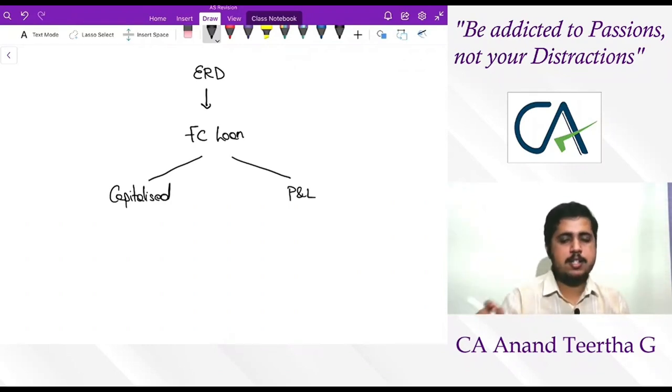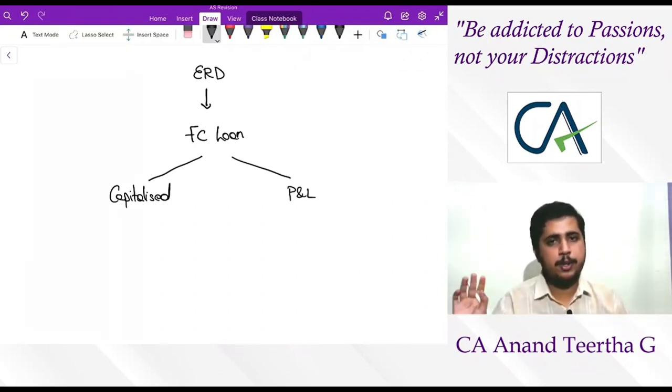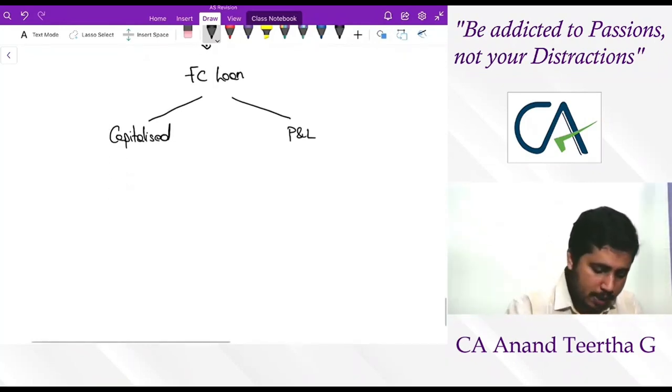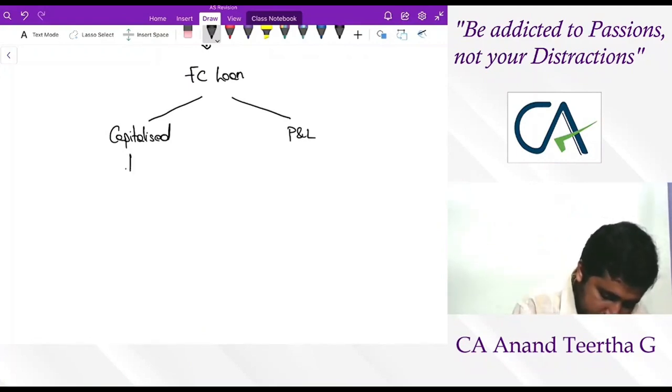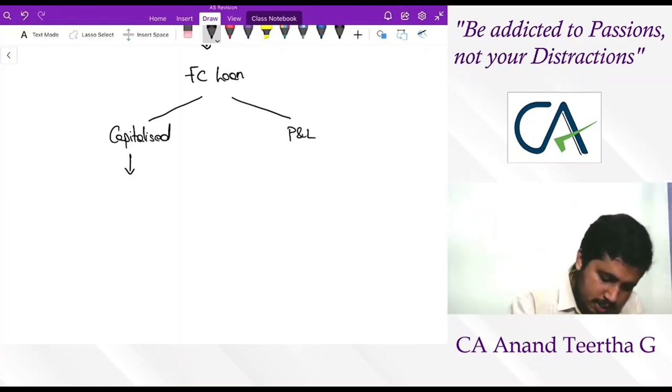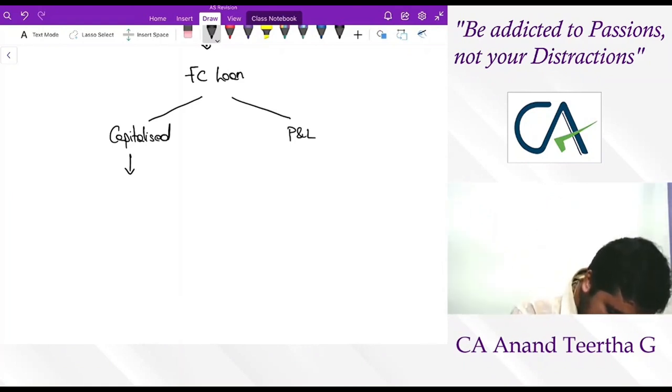Part is capitalized, part is transferred to P&L. If that is the case, what part of ERD is allowed to be capitalized? It is allowed to the extent of similar interest if the loan was taken in India.